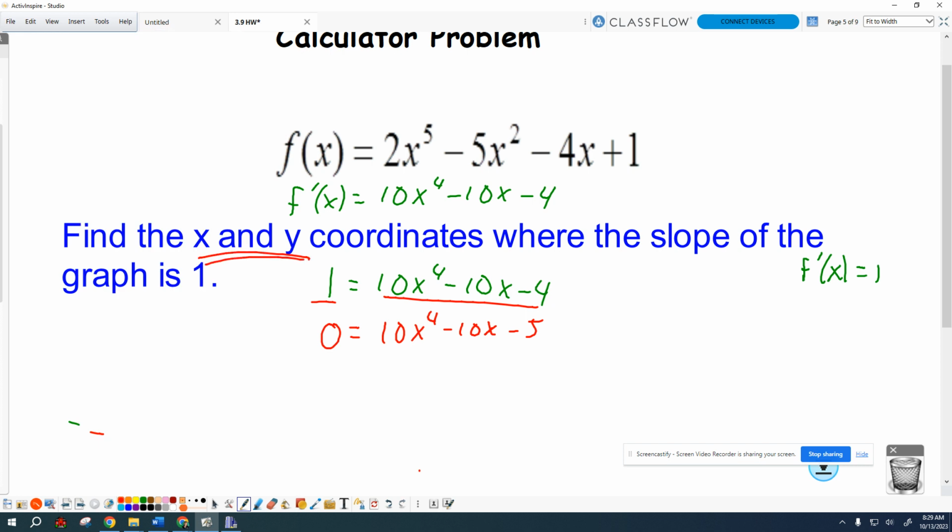X and Y coordinates where the graph is 1. So the one on the left, my A value was negative 0.456. That's truncated, and 1.744.